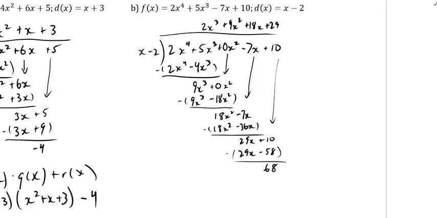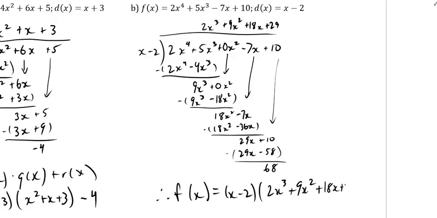There's a remainder. Therefore, f of x equals, write our divisor statement, 2x cubed plus 9x squared plus 18x plus 29, plus 68. And then again, if you expanded that, you should get back the original function.